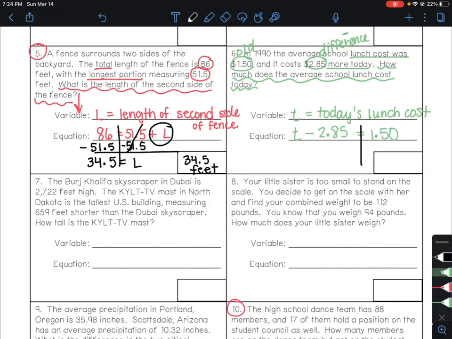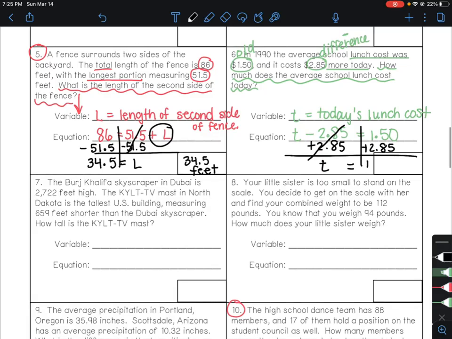So on both sides, we're going to add the 2.85 to get the T by itself. On the side with the variable, we made a 0 on purpose. All that's left there is T. Add these two costs and you get $4.35. So the cost today is $4.35.